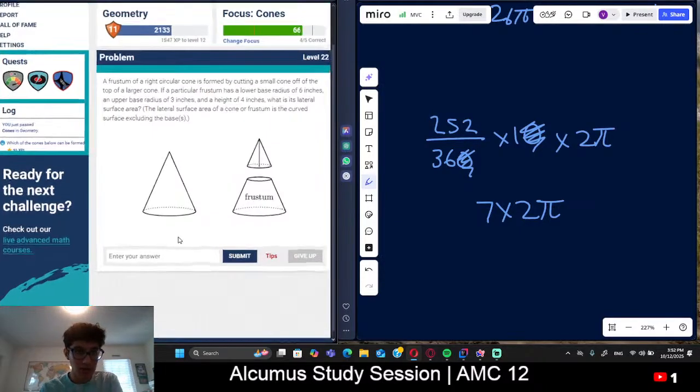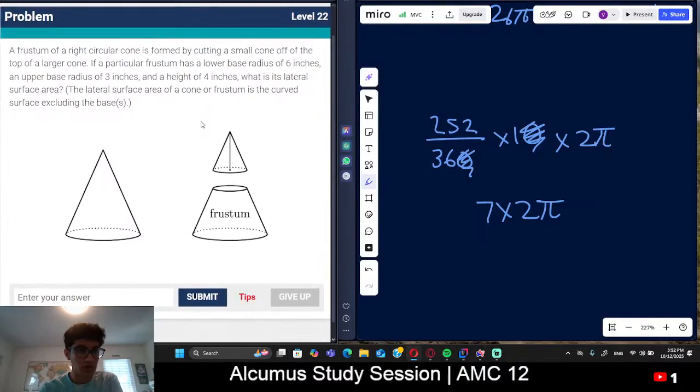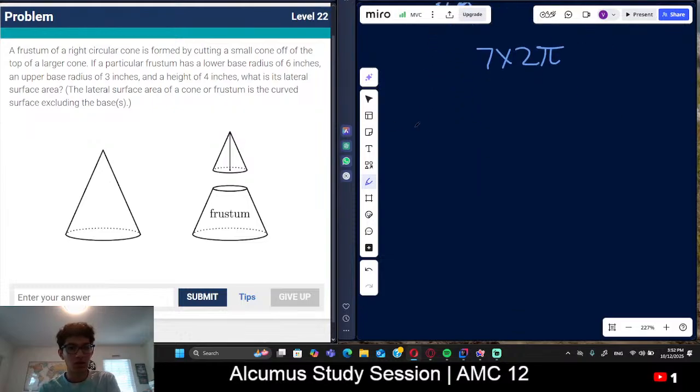A frustum of a right circular cone is formed by cutting a small cone off the top of a larger cone. If a particular frustum has a lower base radius of 6 inches, an upper base radius of 3 inches, and a height of 4 inches, what is its lateral surface area? Okay, so it'll basically be that of a cone. So the whole thing would have a height of 8, right?